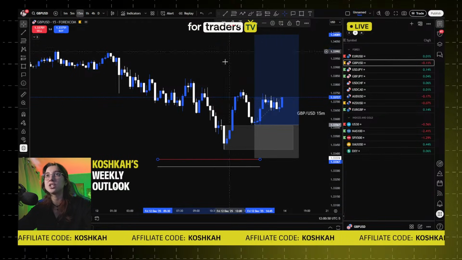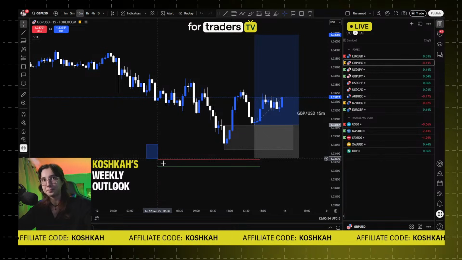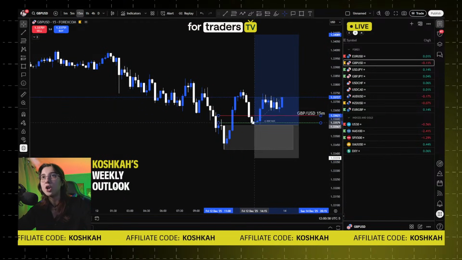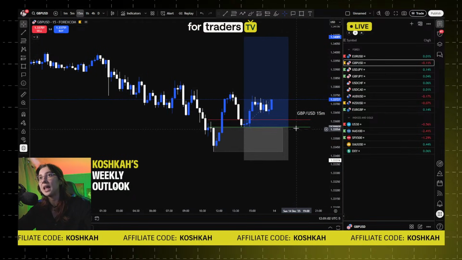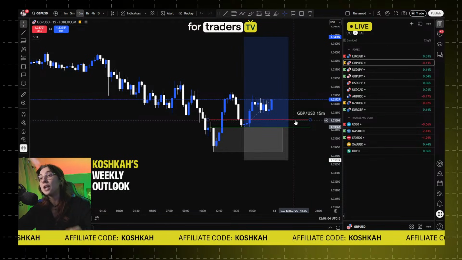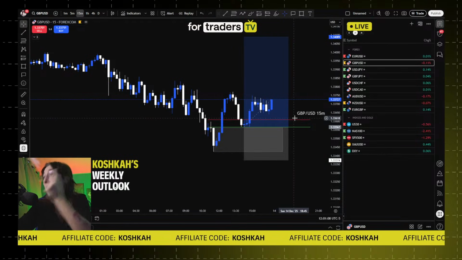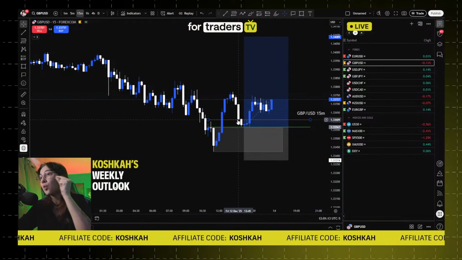So let's change this color to red and green. When price comes down, price is always on the lower line right here. But for price to get you in the trade, if it's a buy position, it will always trigger you on the red line.